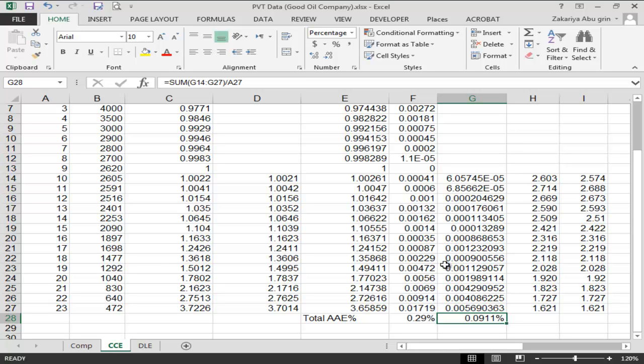It means your Y function says to you your volume is measured correctly. Is that clear? Is that the way you can bring that error to 0%?